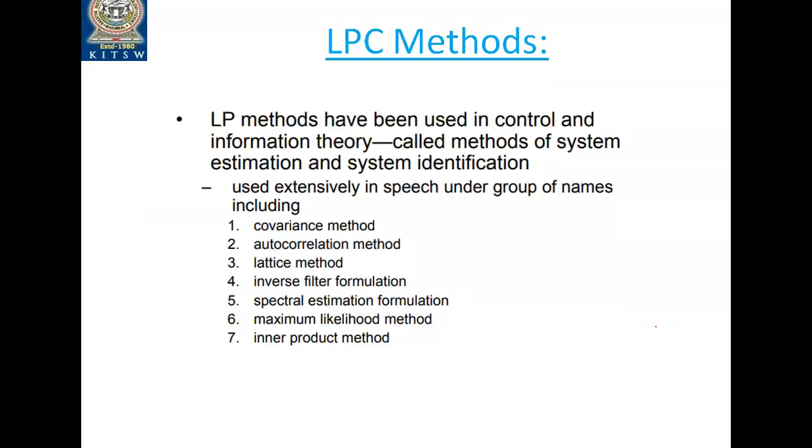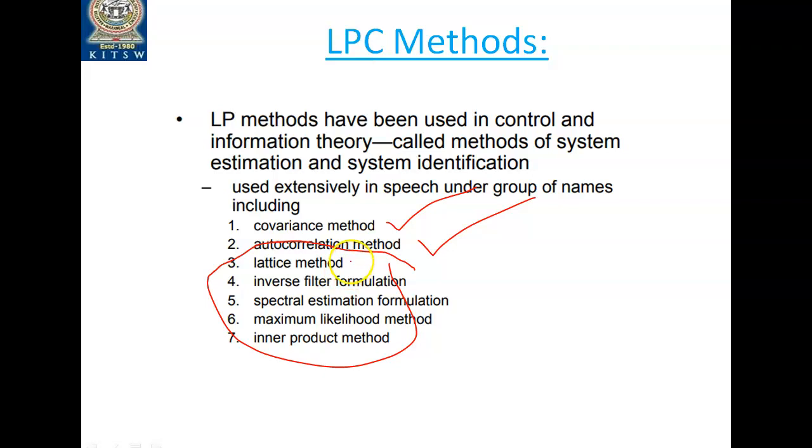When it comes to estimating the prediction coefficients, or estimating the current sample of a speech signal, there are many varieties of methods. One of the LPC methods is the covariance method, which is most widely used, and also the autocorrelation method. As far as your syllabus is concerned, only these two methods are included.